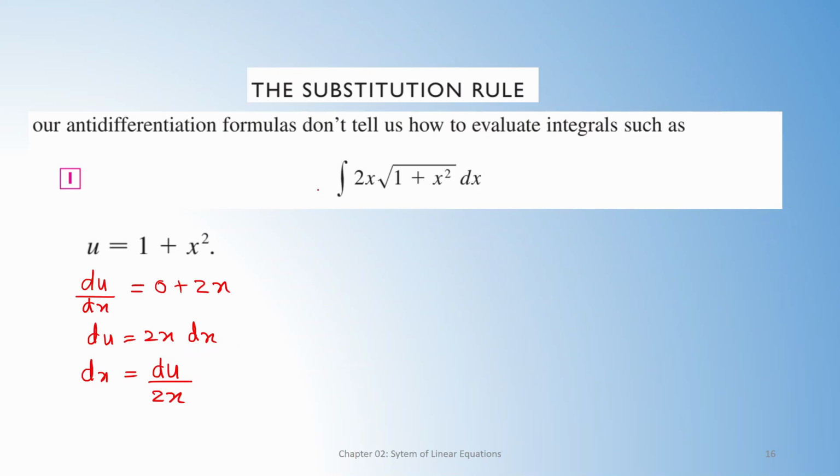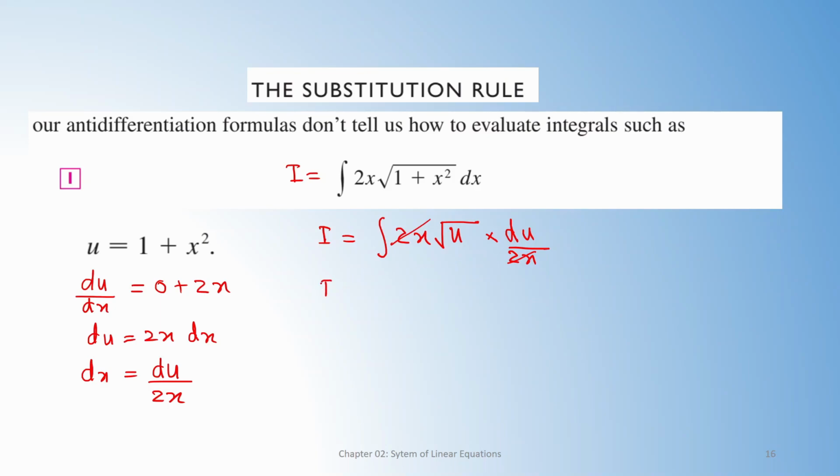So in this case, this integration can be written as the integral of 2x, for the moment we substitute 2x as it is, square root of u, since 1 plus x squared is u, and dx is du over 2x. Now 2x is cancelled.